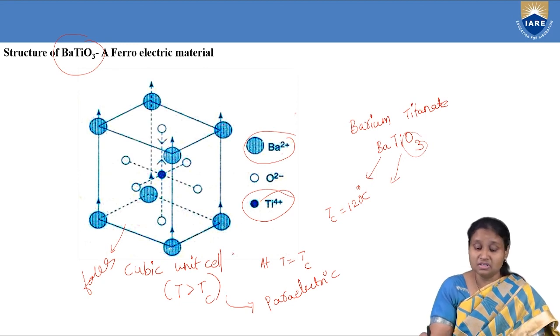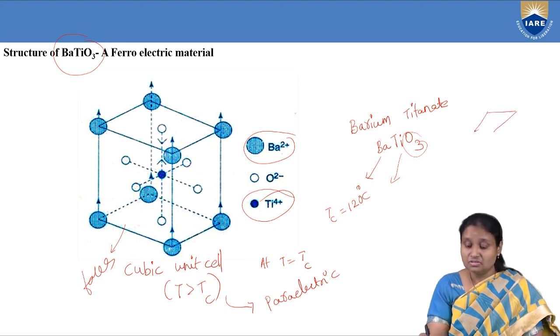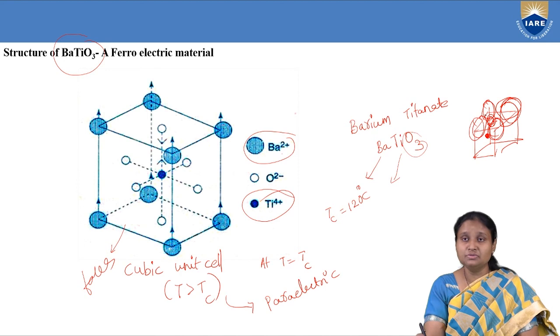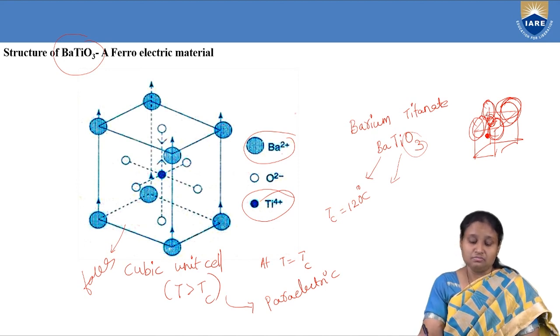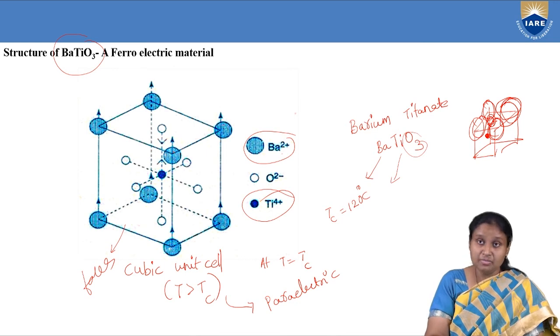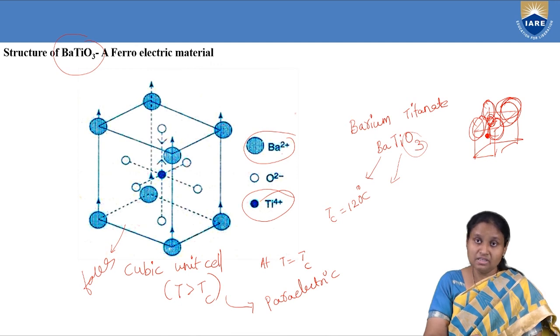If we consider their structure in this unit cell, here we have our barium ions, and the oxygen ions are attached to these barium ions. Even the body center titanium ion is attached to the negative oxygen ions. So in the cubic state, the barium ion is touching the oxygen ion, and the titanium ion is also touching the oxygen ion.